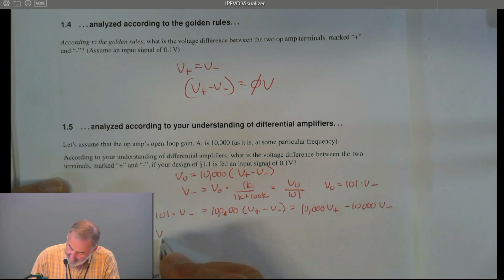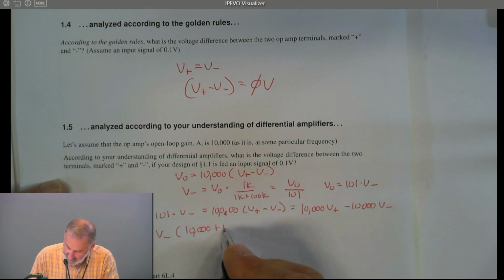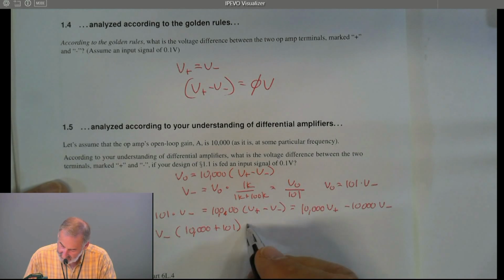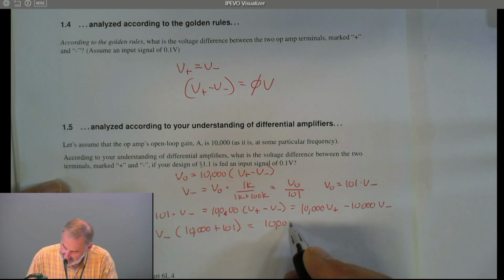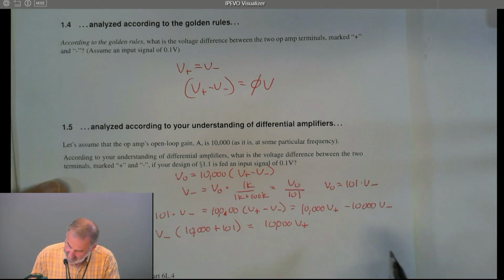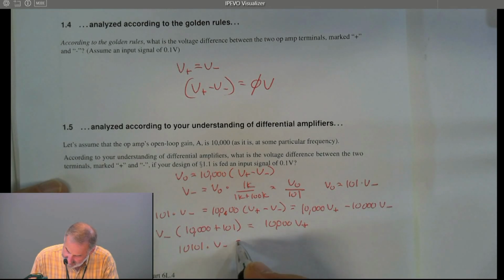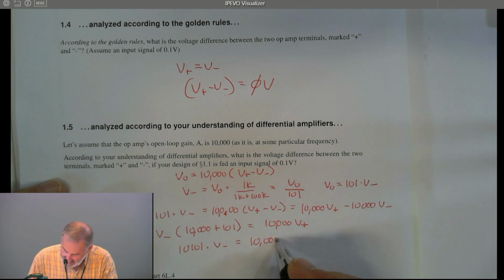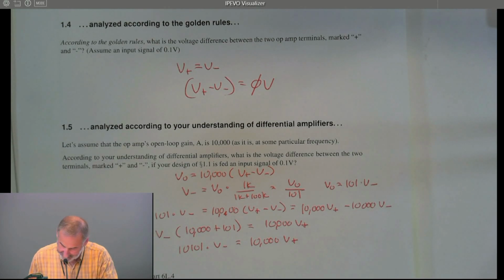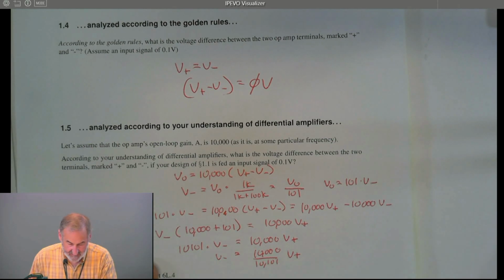We end up with V minus times (10,000 plus 101) equal to 10,000 times V plus. And we end up with 10,101 times V minus is equal to 10,000 times V plus, or V minus is equal to 10,000 over 10,101 V plus.